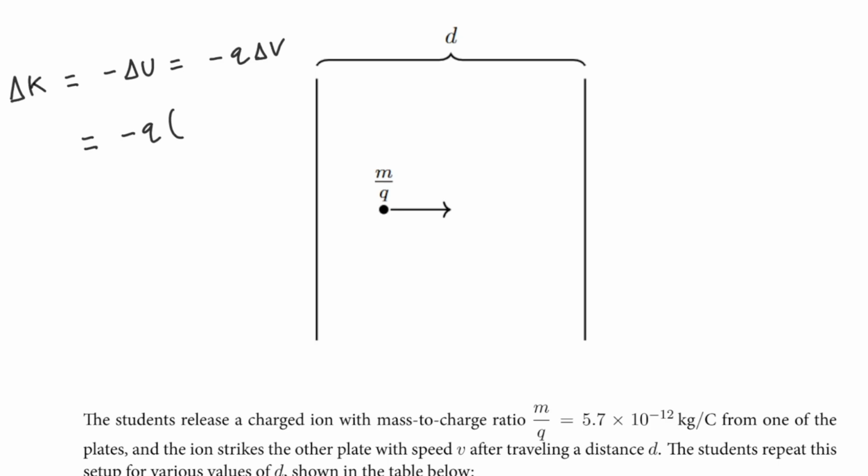Well, we're given the electric field between the plates, and we're not given that it's a positive charge, but we can just assume that. So if this is a positive charge, my E field is going to point this way between the plates. So I know that I will be going downhill a distance d. So my delta K is once again positive qEd.